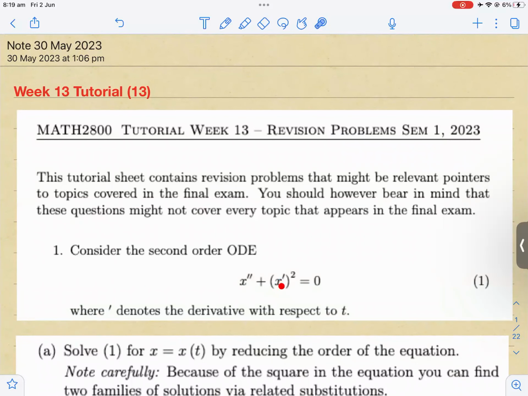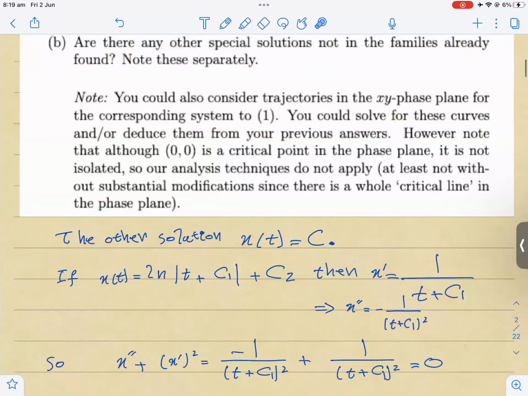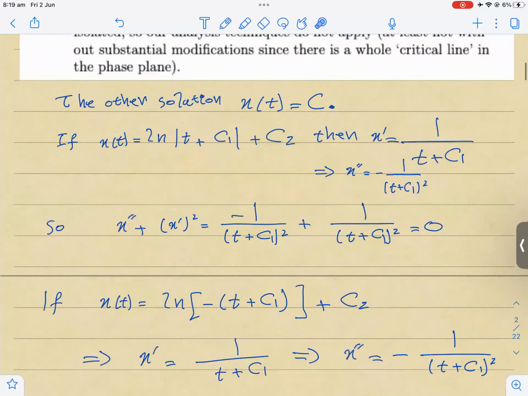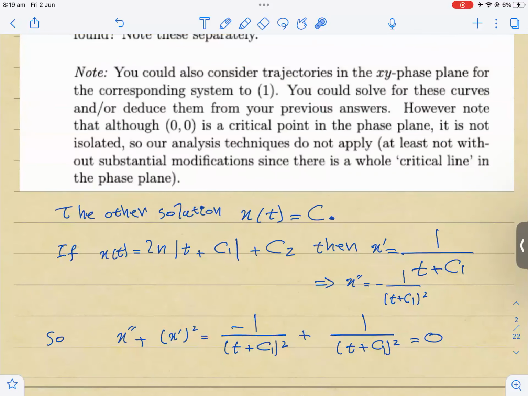If it is c, this will be 0 and this will be 0, so both sides of the equation will be 0. And also if I take this x(t) as log of t plus c1, this can be another solution as well.